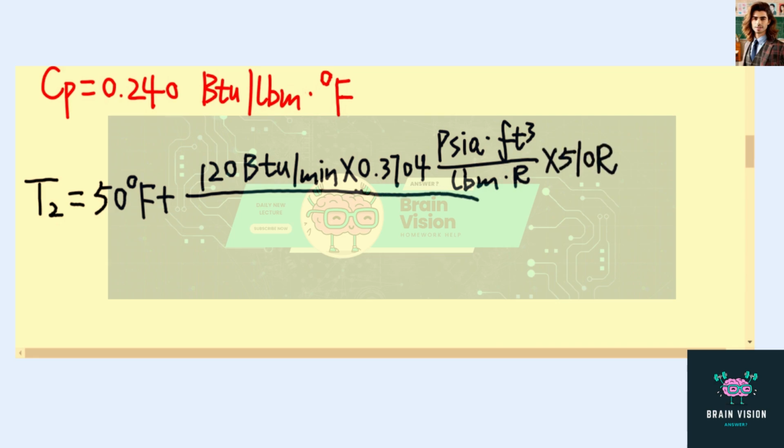The reason why I use 510 Rankine instead of 50 degrees Fahrenheit in this case is because it's multiplied by the gas constant, and the gas constant has units of Rankine here. So in order to match with the gas constant, we need to use the temperature in Rankine form.